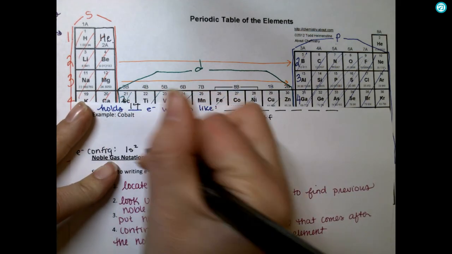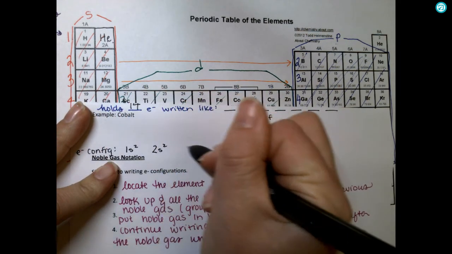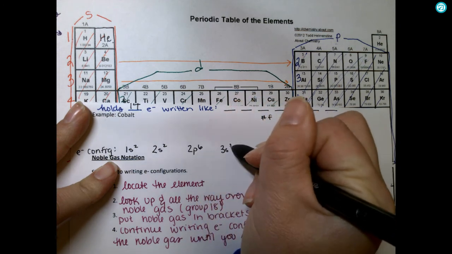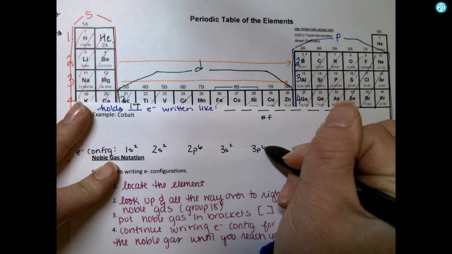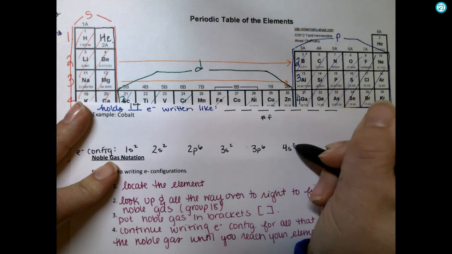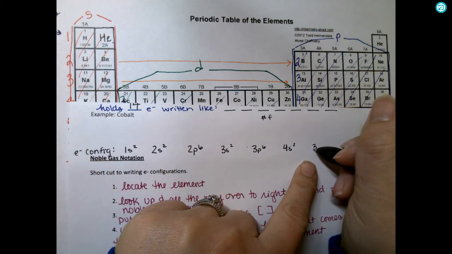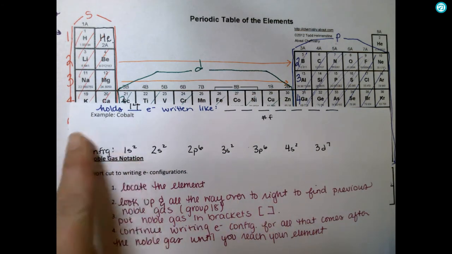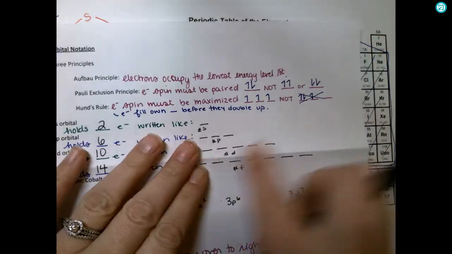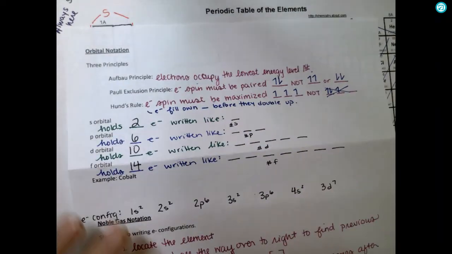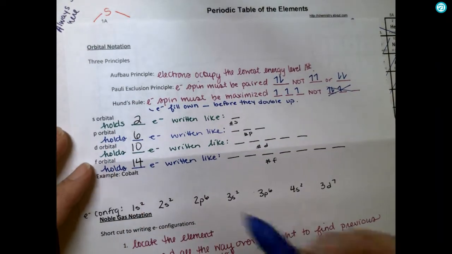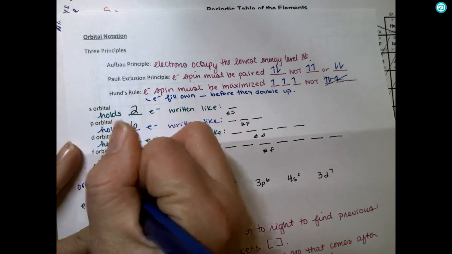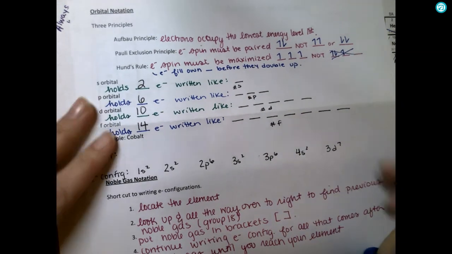So 1s2, 2s2, 2p6, 3s2, 3p6, 4s2, 3d7. I left myself a little bit of room here because I'm going to write all of these lines above it. So my orbital notation: 1s2.